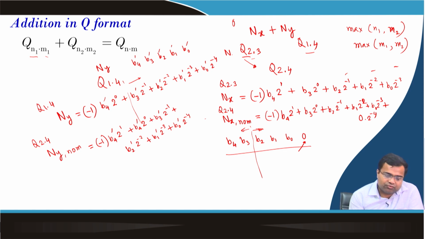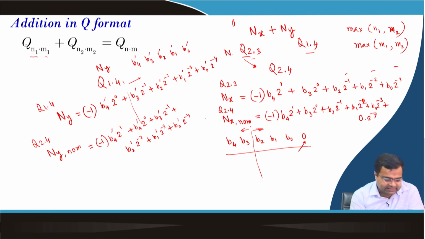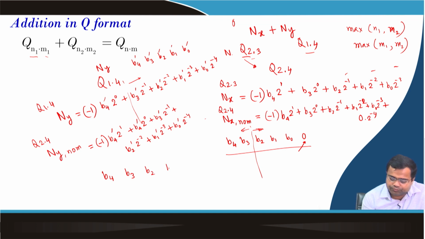Okay. So, now what we can do, that means if you take any number, this is called sign extension, that means a number which was earlier B4, B3, B2, B1, B0, is same as another one where you extend the sign.